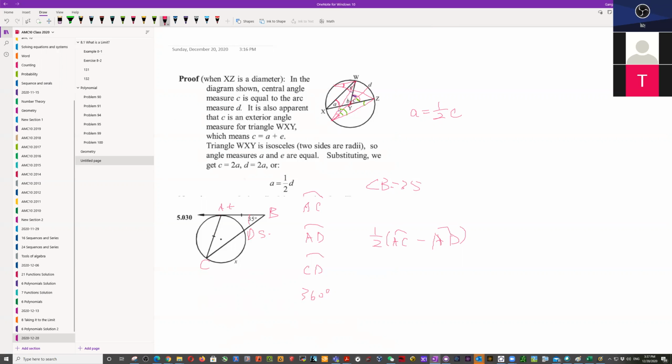So 1/2 of arc AC minus AD equals 35. So arc AC minus arc AD actually equals 70.